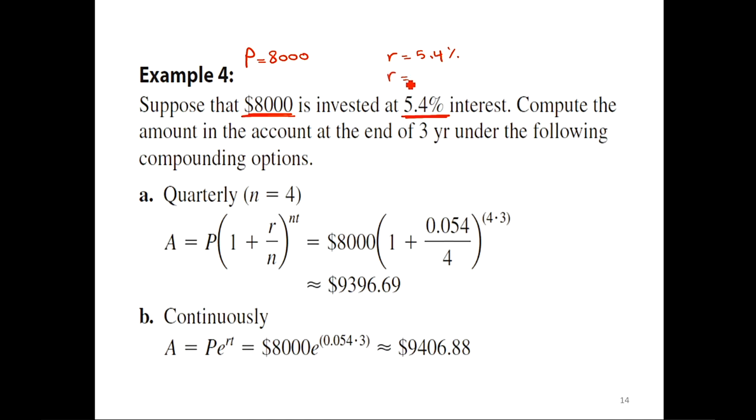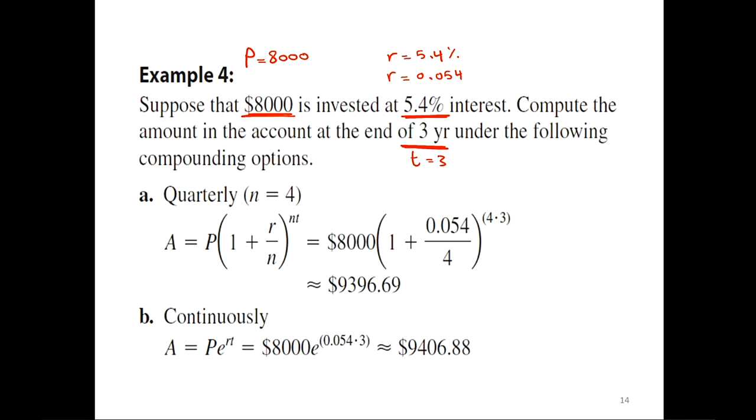R equals 0.054. This is the value of the interest rate. Okay, compute the amount in your account at the end of 3 years. So T equals 3.